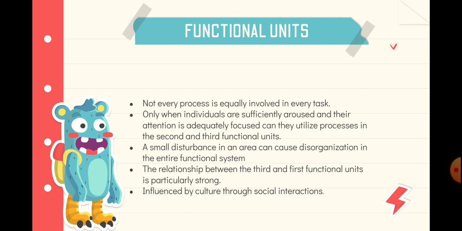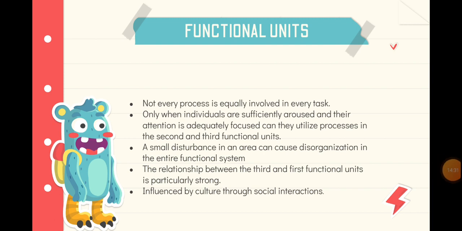And so we need a certain amount of arousal and attention in order to proceed into the next functional units. And then a small disturbance in an area can cause disorganization in the entire functional system, and that is because it is interrelated again. That's why if one process or unit is disturbed, then it could affect the other units or processing. And then the relationship between the third and first functional units is particularly strong.